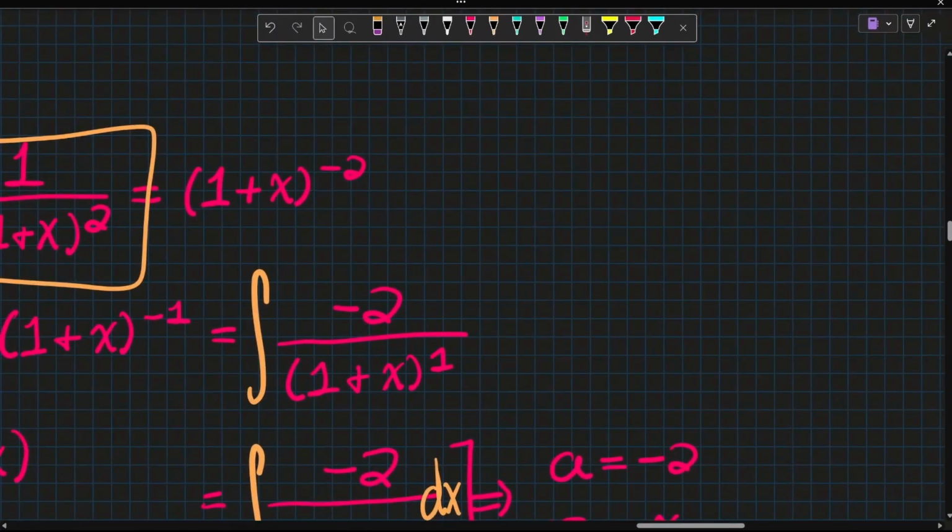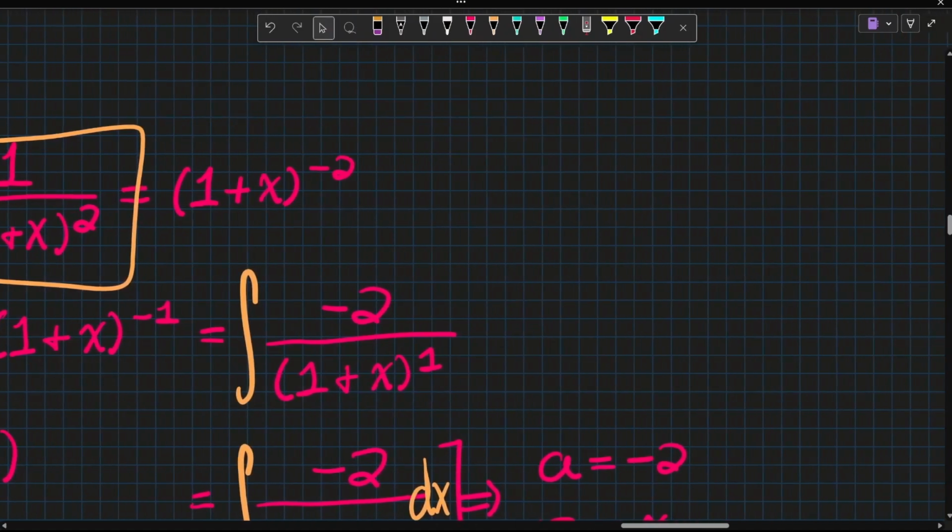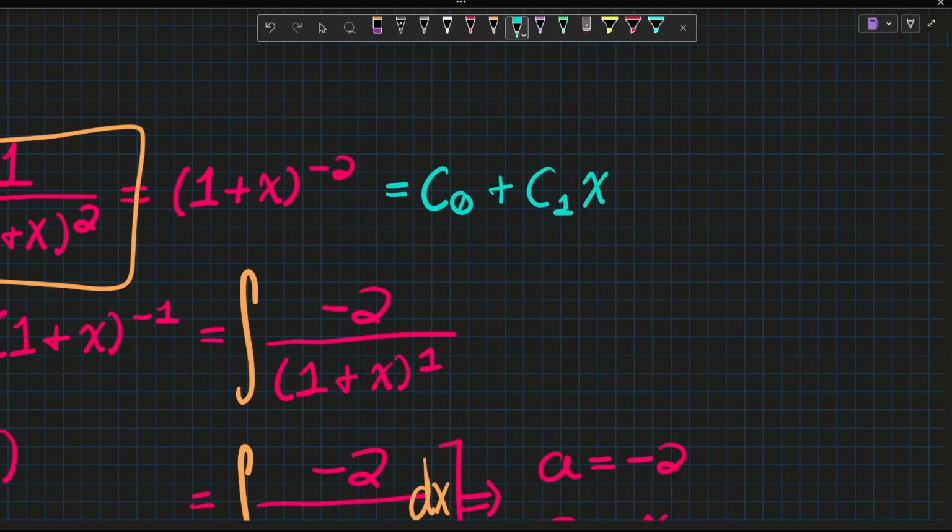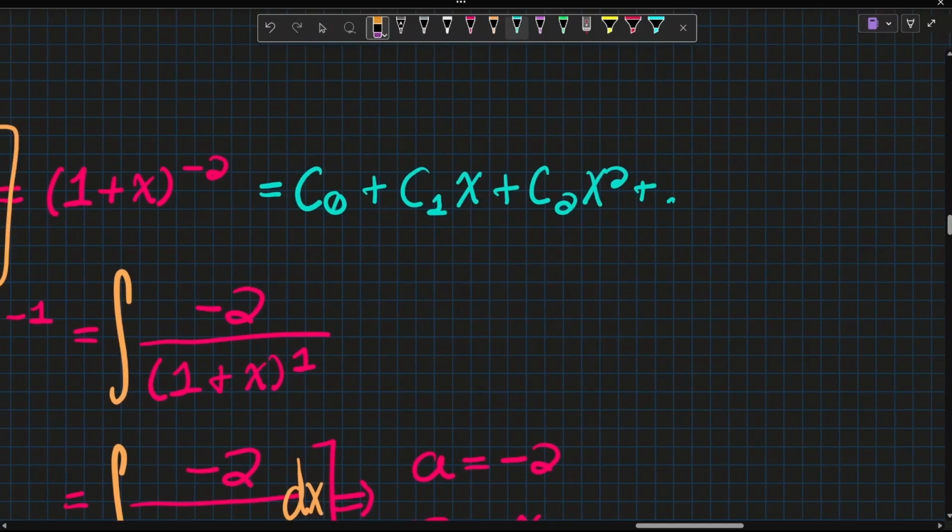So here, if we had described f of x as a sum, it would be in the form c0 plus c1 x plus c2 x squared, and so on, right?